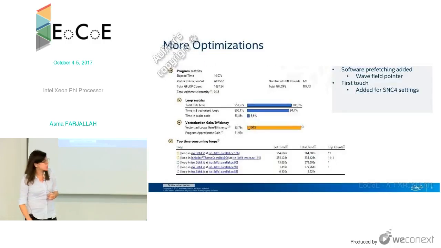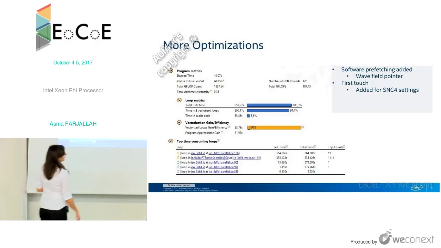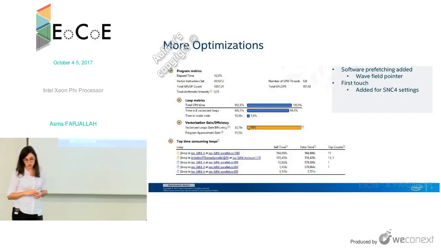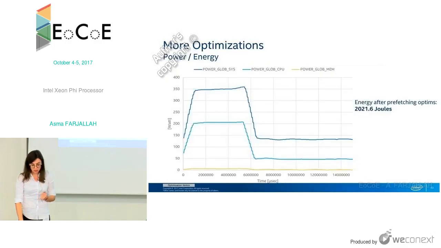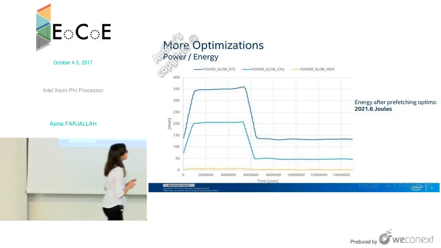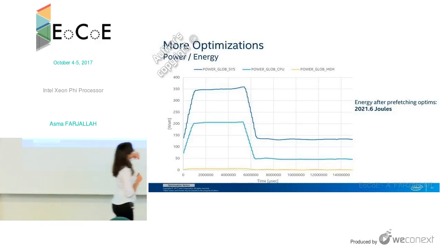And the last thing is we added prefetching, just a smaller optimization. Again, we have a small gain in performance in gigaflops, but on energy, I've seen a little bit more energy than before, but it's slightly the same, let's say.